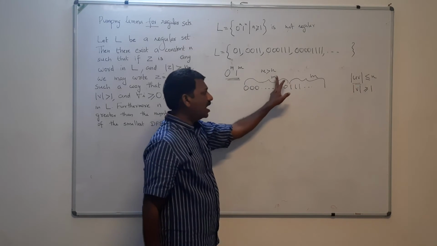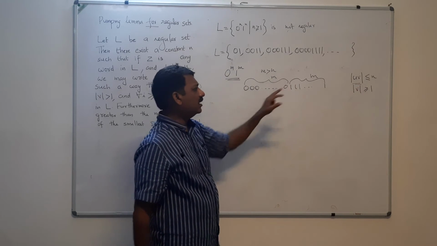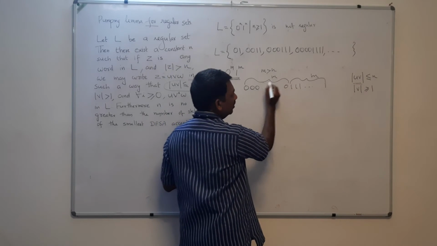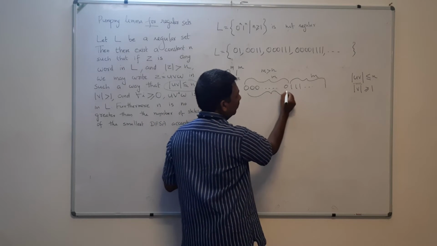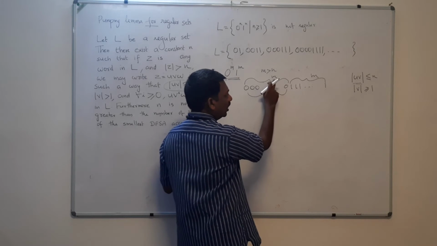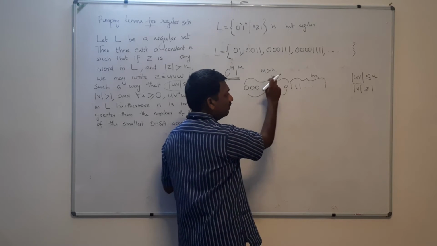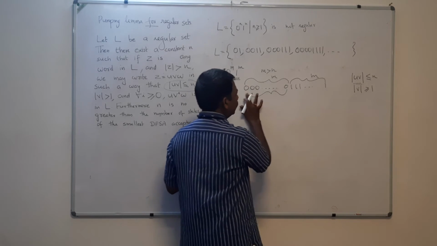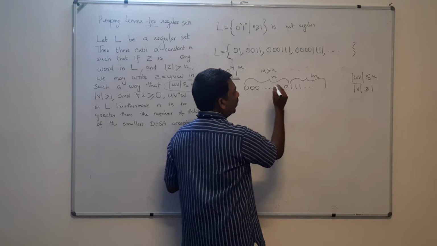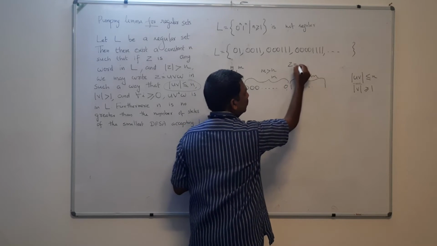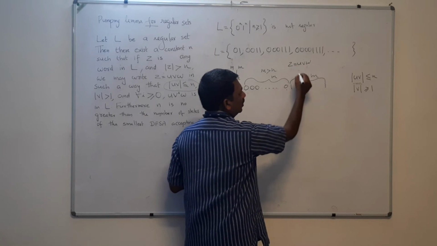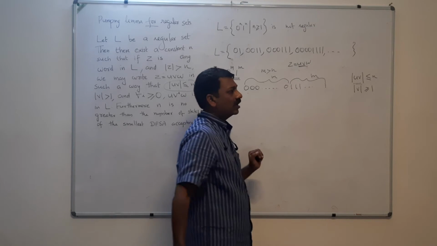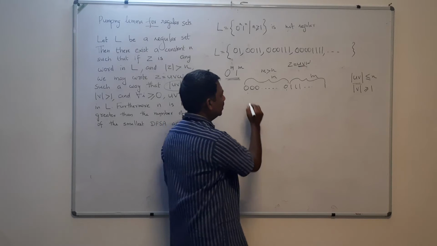That means as m is greater than n, m number of zeros are there. So if you have to write this as z is equal to uvw, this uv portion is in this position.